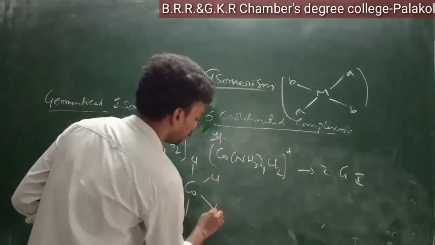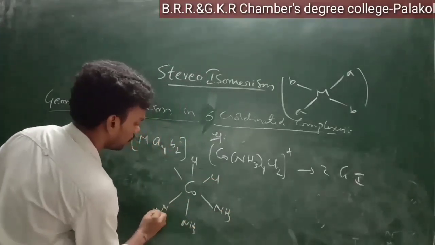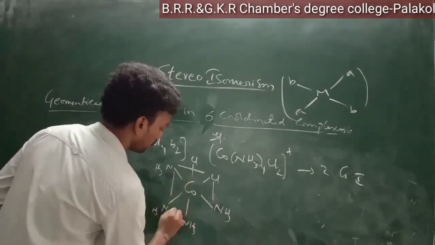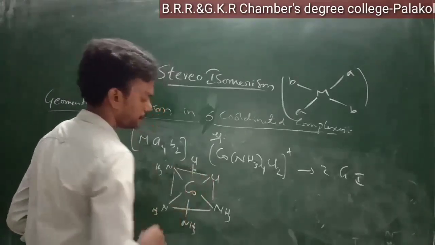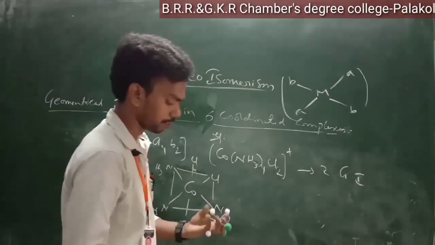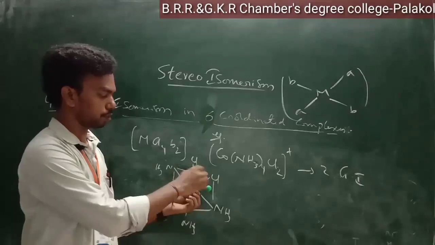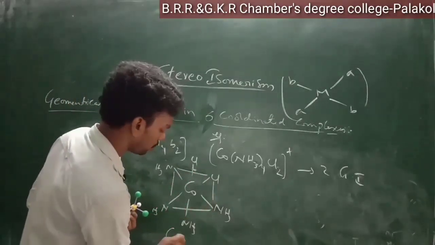If you draw the structure: Cl, Cl, NH3, NH3, NH3, NH3. Here two chlorines are on the same side, adjacent to each other, so this isomer is a cis isomer.